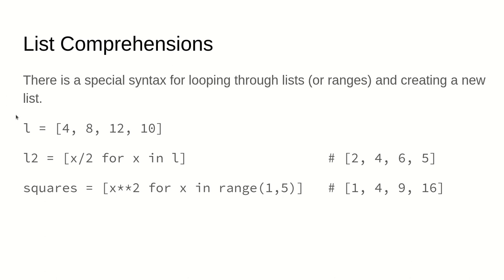So we start off with our list L, that is 4, 8, 12, and 10. You'll see eventually that there's a reason that I'm doing this. Then I say I want a new list L2. It will be equal to x divided by 2 for each x in the list L. So you'll see this for x in L is sort of like a normal standard for loop over a list.